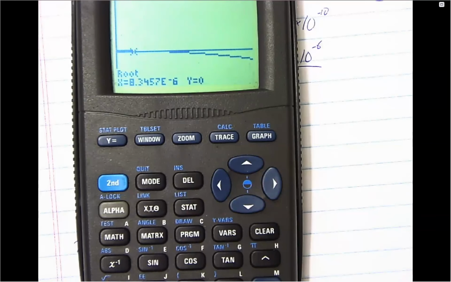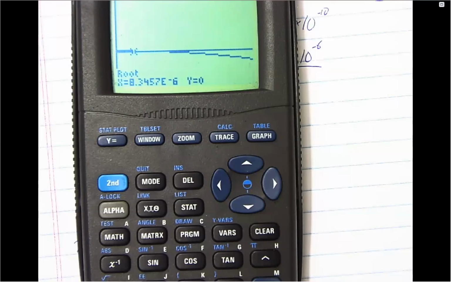And when I do, it gives me the root. That's 8.35 times 10 to the minus 6. Is that the same answer that we got when we ignored that minus x? It sure is. Now, obviously, our newfangled graphing calculator on our cell phones is a lot easier to use because we can zoom with our fingers instead.